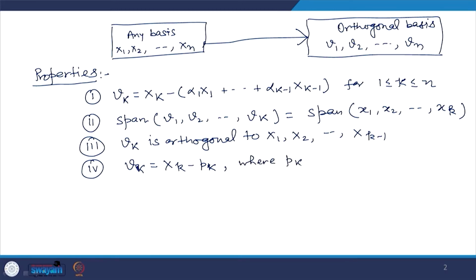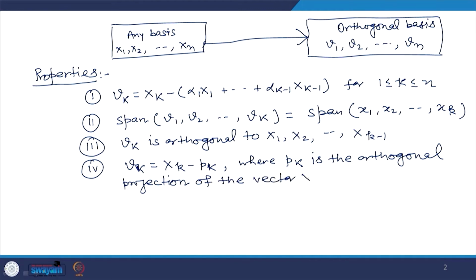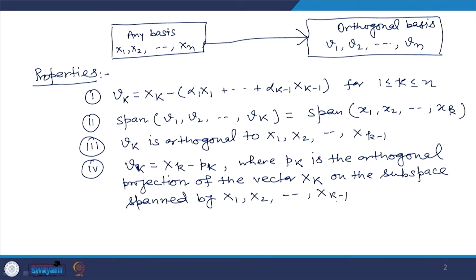Where pk is the orthogonal projection of the vector xk on the subspace spanned by x1, x2, up to x k minus 1.